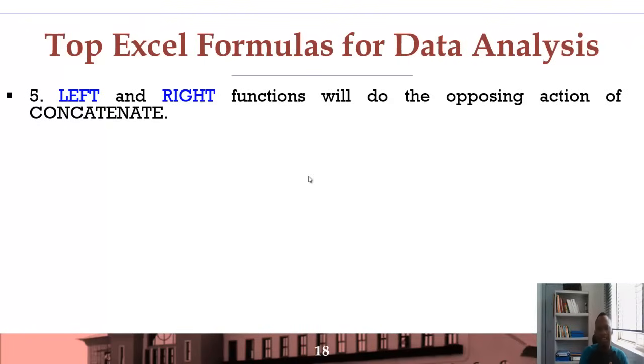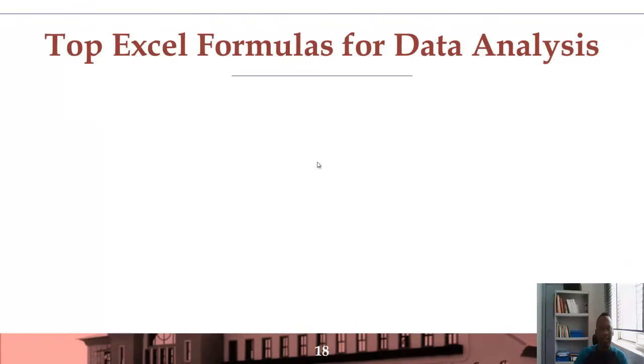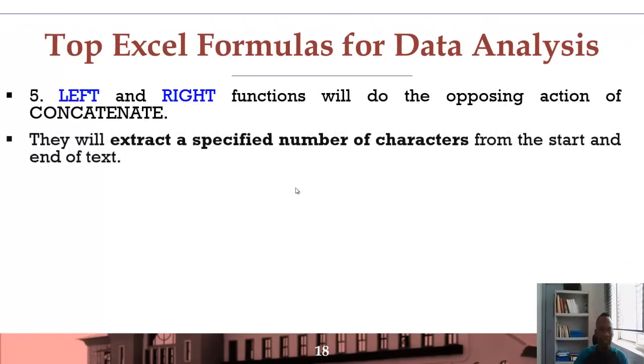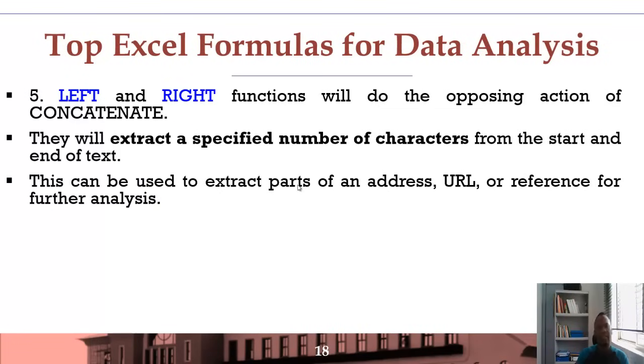If you want to extract rightmost text from a column, you can use right, but you must specify the number of characters that must be extracted. They will extract a specified number of characters from the start and the end of a text. This can be used to extract parts of an address, URL, or reference for further analysis.